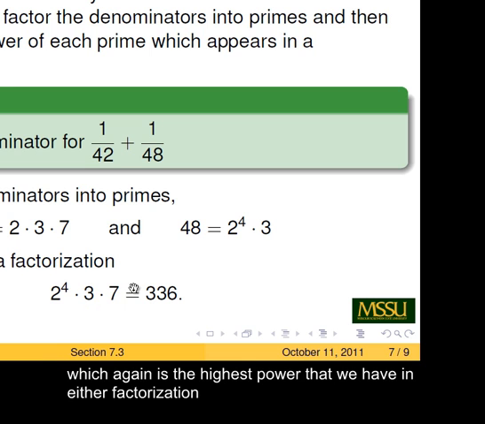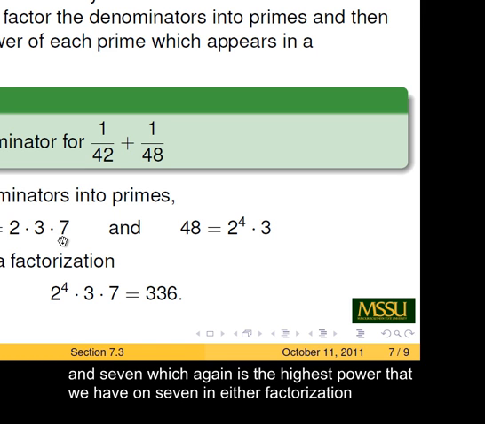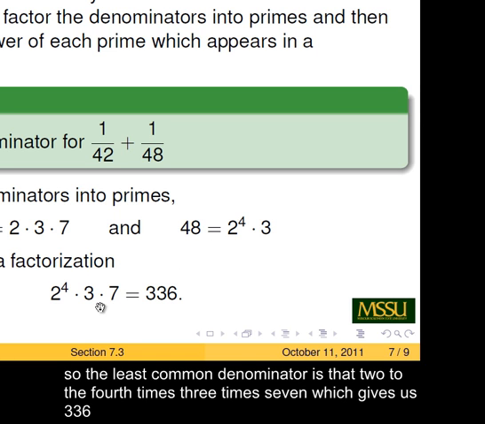We have a 3, which again is the highest power that we have on either factorization, and 7, which again is the highest power that we have on the 7 in either factorization. Our least common denominator is then 2 to the 4th times 3 times 7, which gives us 336.